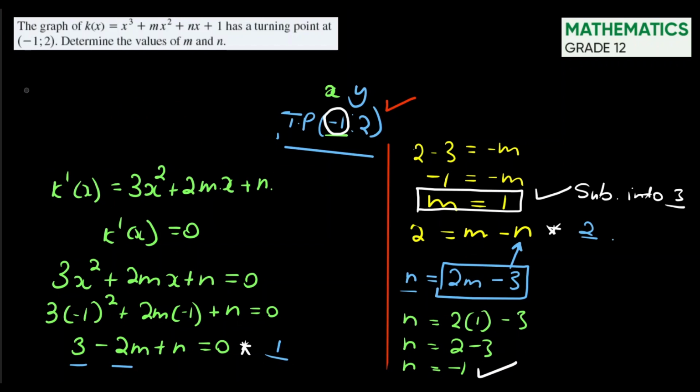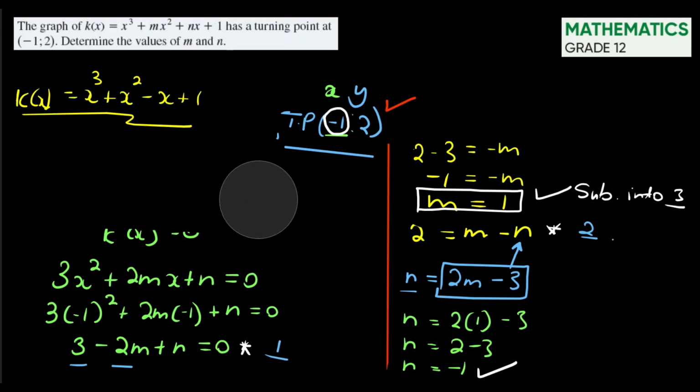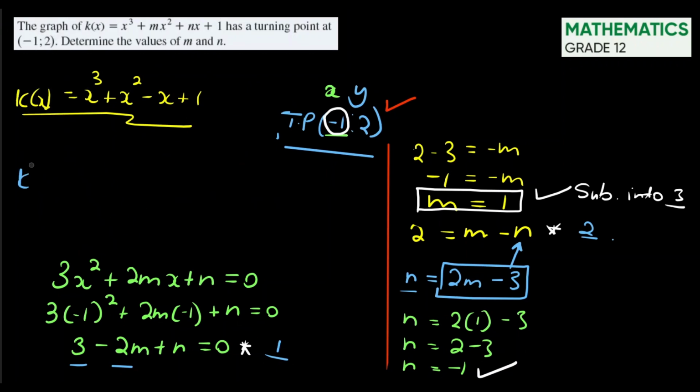So the equation of k of x now is k of x is equal to x cubed plus x squared minus x plus 1. And the key takeaway for this video is, when you're given the turning point, always remember that the first derivative of that function equals 0, which will enable you to find the first equation by substituting the x value that's given in the turning point.